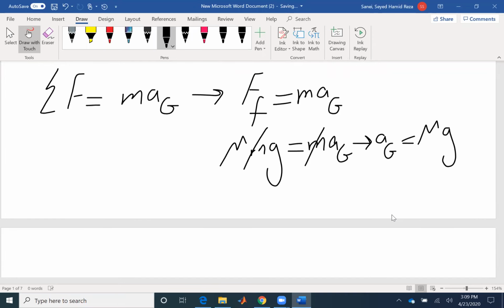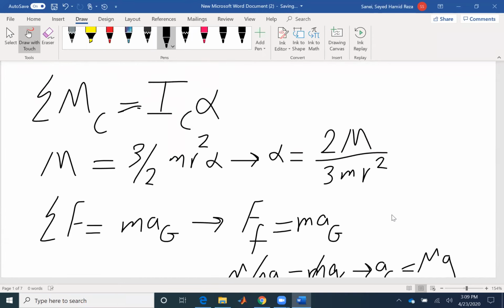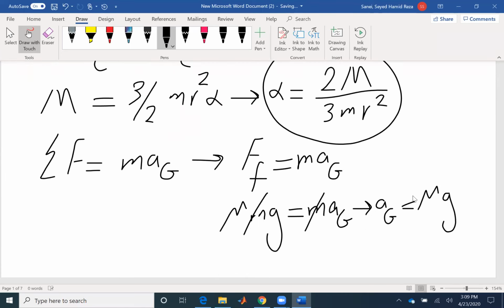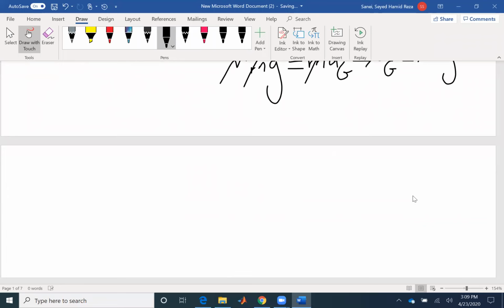So R alpha, R times this magnitude, it should be 2M over 3mr. So our R alpha would be 2M over 3mr.